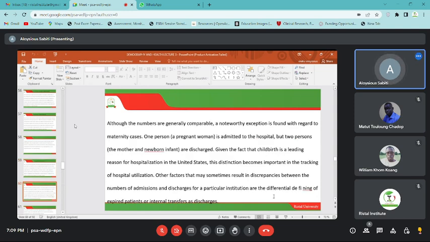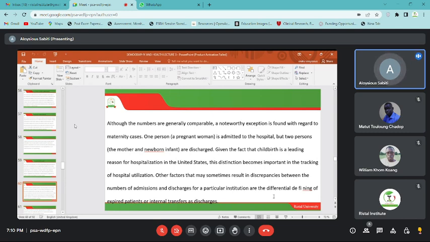So, for example, in this discussion here, they are telling you that some admissions or discharges may increase. Discharges may be higher than admissions, and then you start to question. But this may arise as a result of hospital admissions in maternity. You may have hospital admissions in maternity because of pregnancy, and these women will give birth.